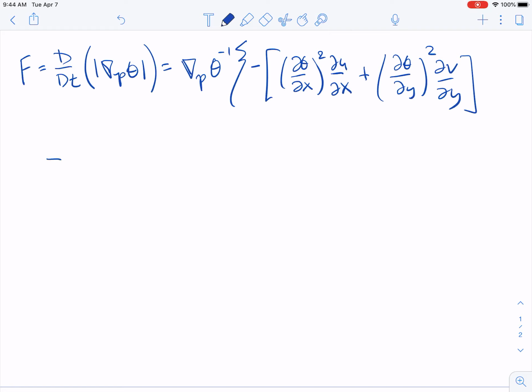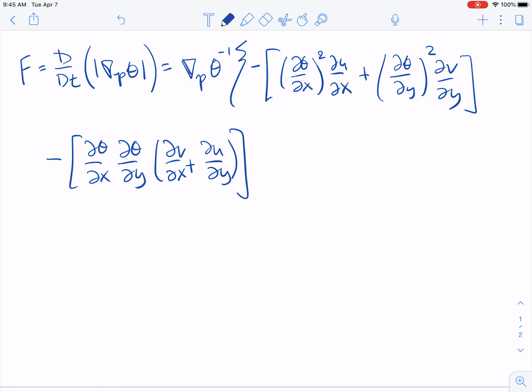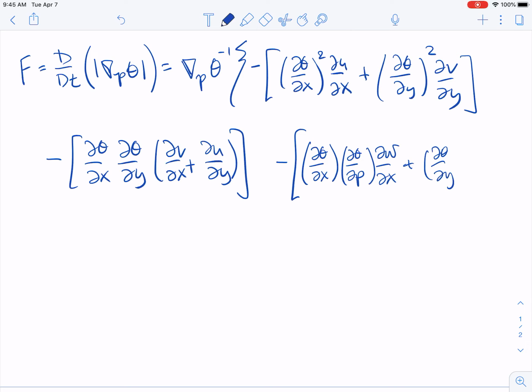Term 2: minus d theta dx d theta dy times the quantity dv dx plus du dy. Term 3: minus the quantity d theta dx d theta dp d omega dx plus d theta dy d theta dp d omega dy.